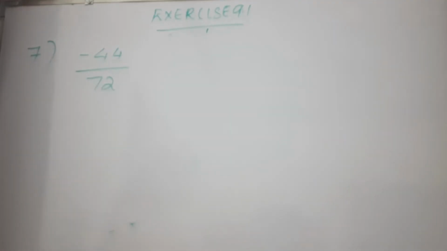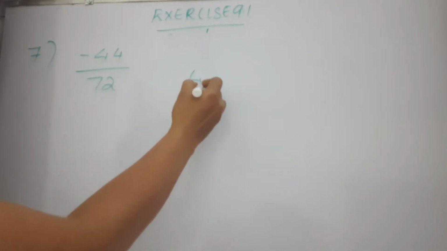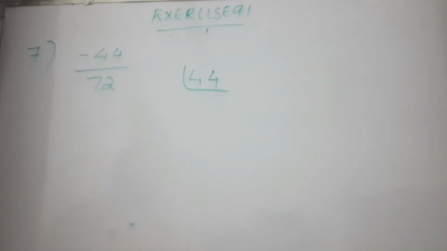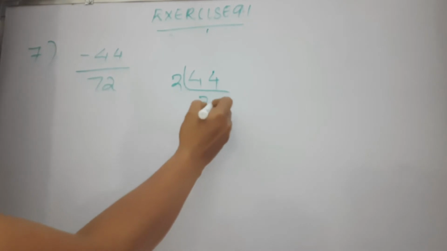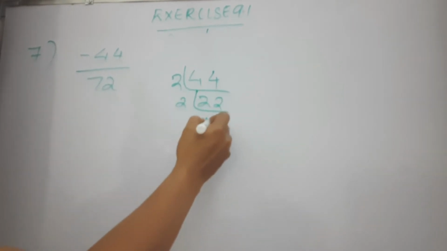In the seventh question, we are going to rewrite the following rational numbers in their simplest form. To rewrite into simplest form, we need to divide them by their HCF, that is the highest common factor. So you know the method to find the HCF. To find the HCF of 44, you need to get the factors of 44. So let's find out the factors of 44.